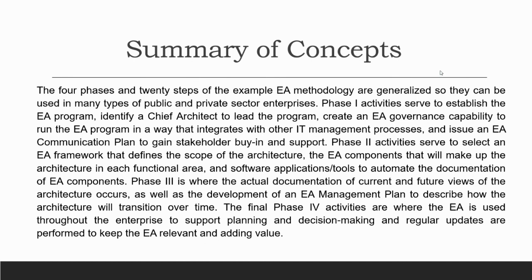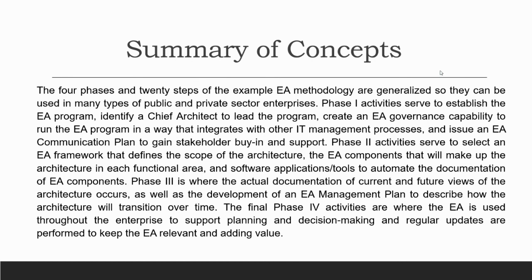The purpose of phase 2 is to choose an EA framework that specifies the scope of the architecture, the EA components that will comprise the architecture in each functional area, and software applications or tools to automate the documentation of EA components.